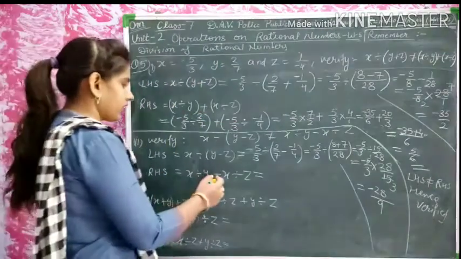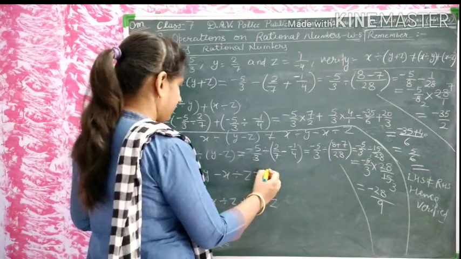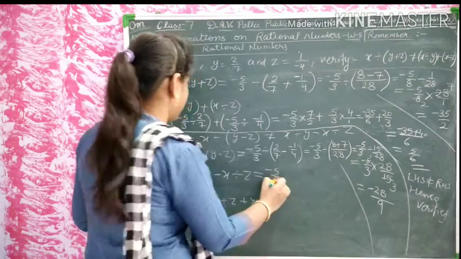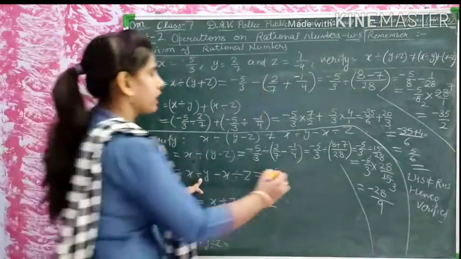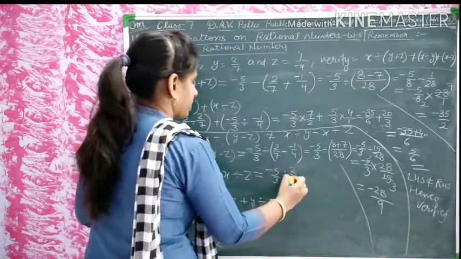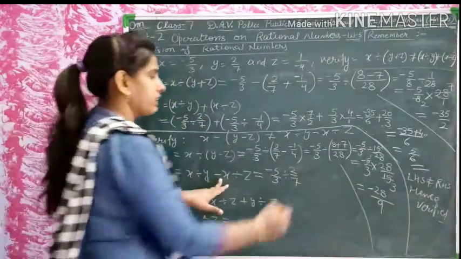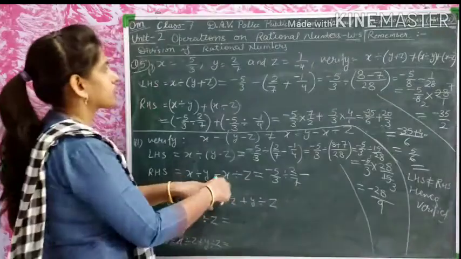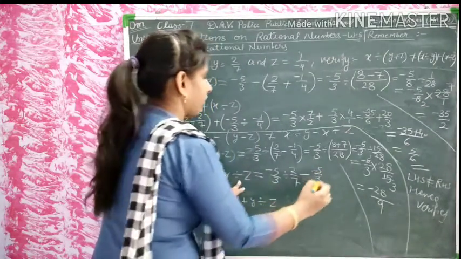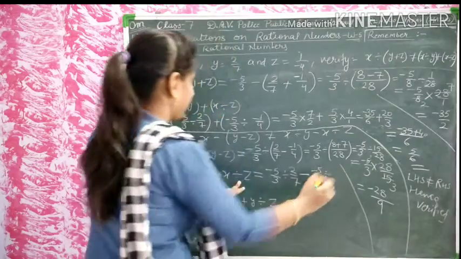Now we will solve the RHS side, and this is equal to x divided by y. X is minus 5 by 3 divided by y. What is the y here? 2 by 7, and minus x. What is the x here? Minus 5 by 3 divided by z.